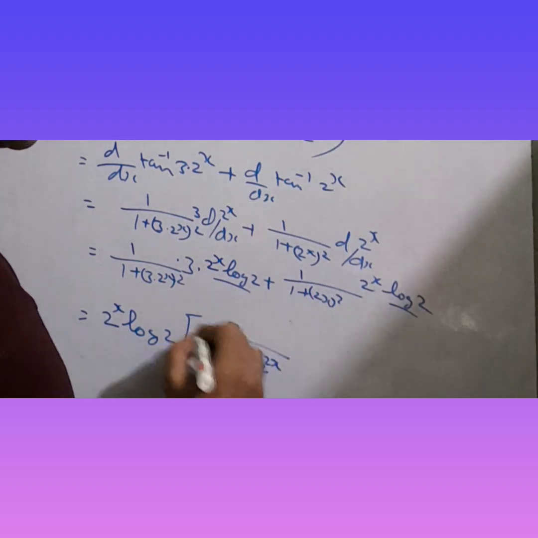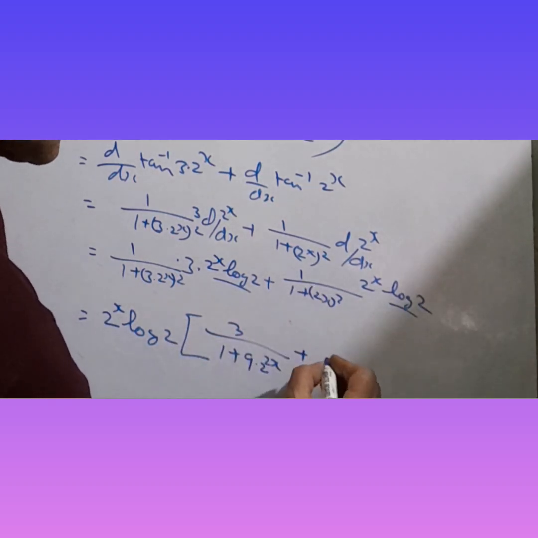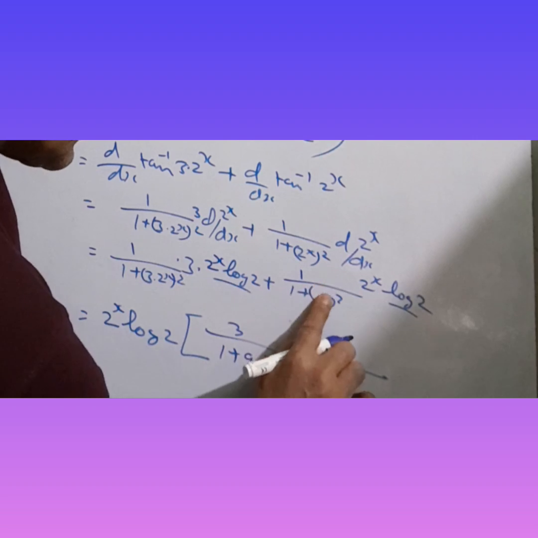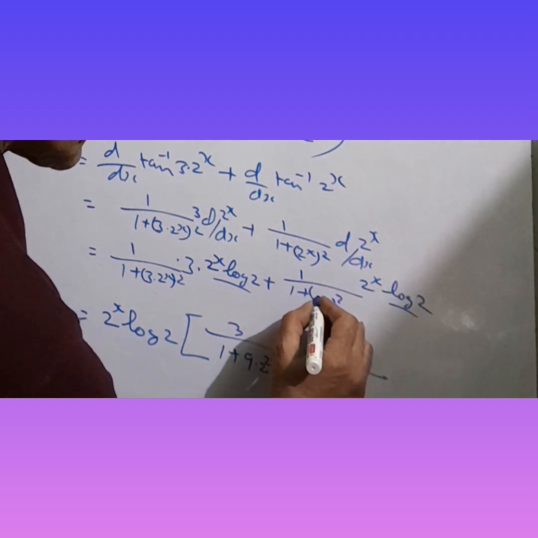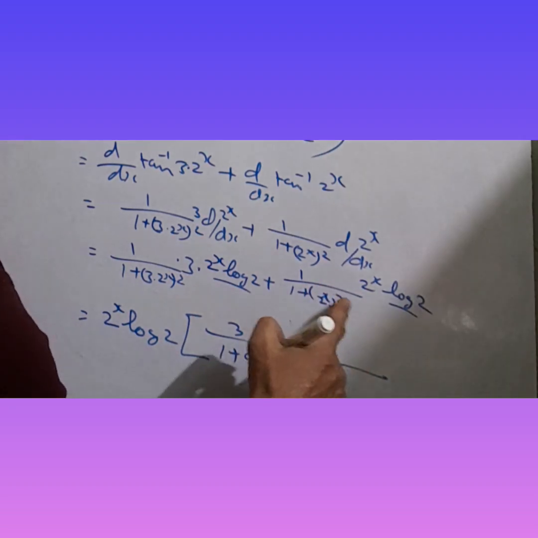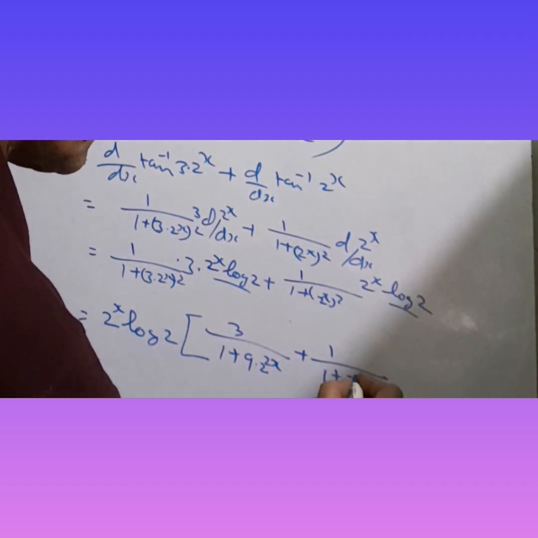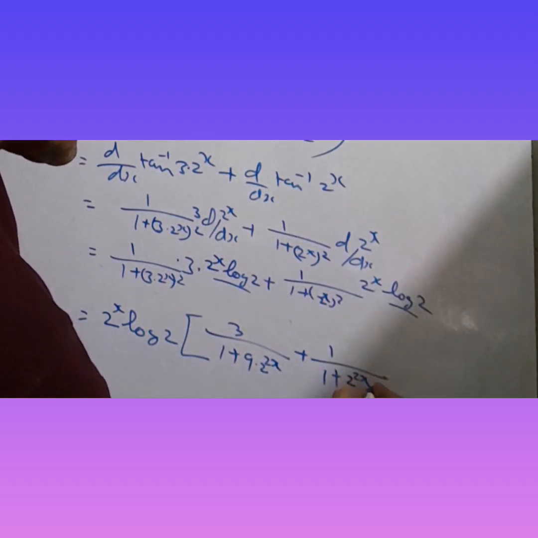So that's this part of the story. Now this part is 1 upon 1 remains as it is, the square I am taking inside, this is 2 raised to x, so it becomes 2 raised to 2x. Alright, so this becomes our answer.